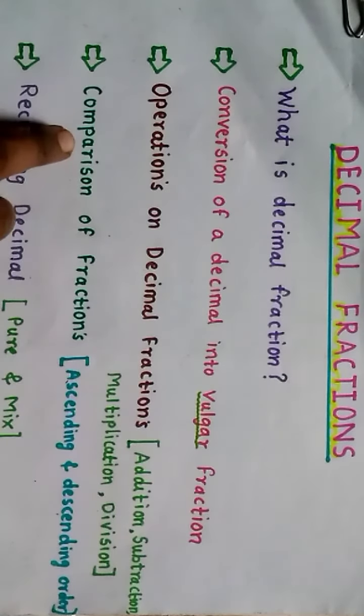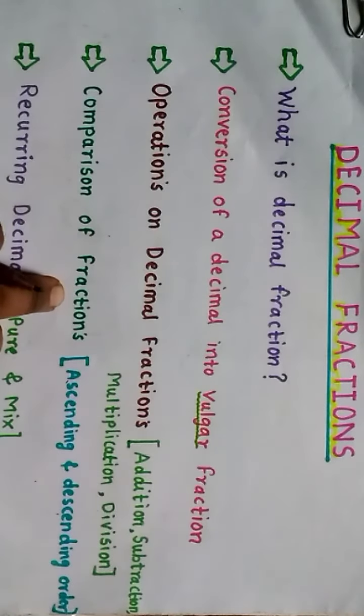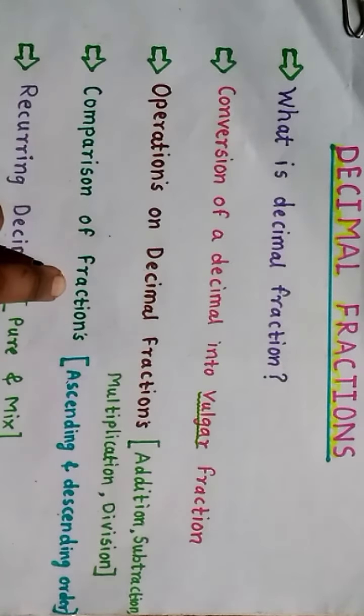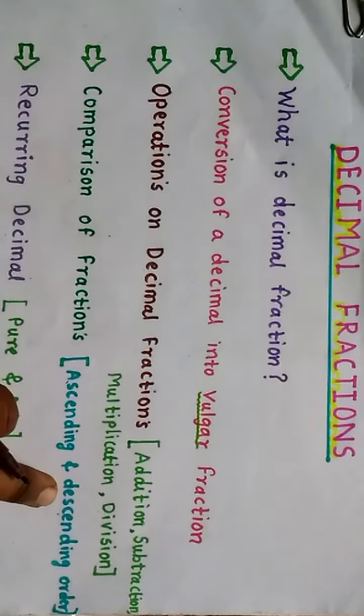Next topic is comparison of fractions. The question will be asked to write down the ascending order or descending order of the following. So in comparison of fractions we will discuss ascending and descending order of decimal fractions. Next topic is recurring decimal.